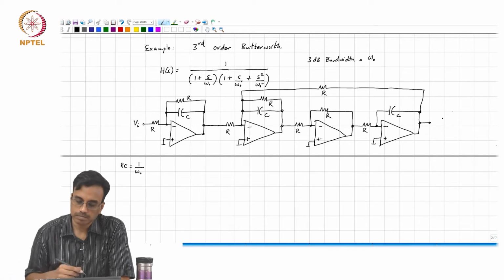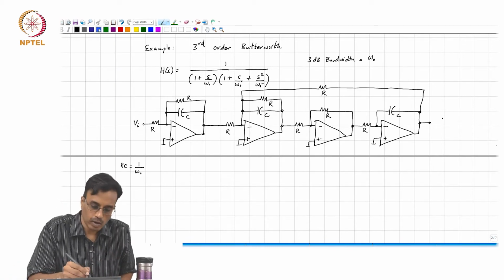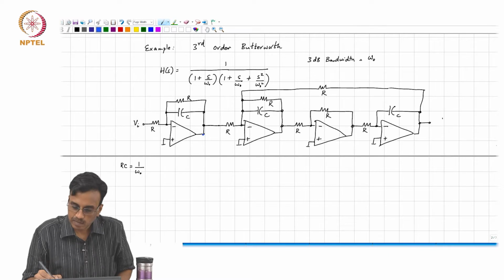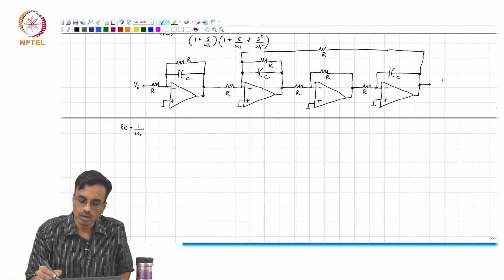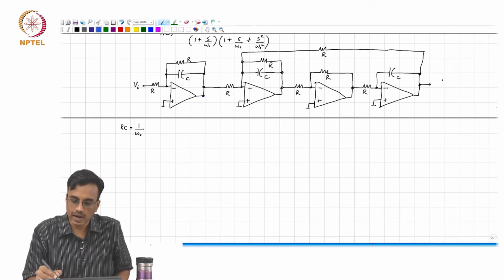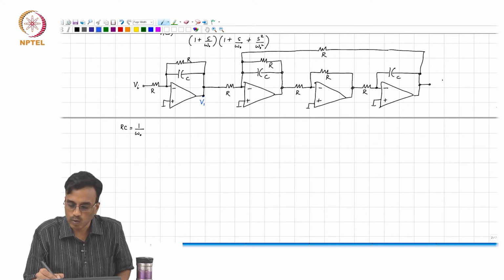Now, I would like to draw your attention to a couple of points. What comment can we make about the frequency response from Vi to, let us call this V1?